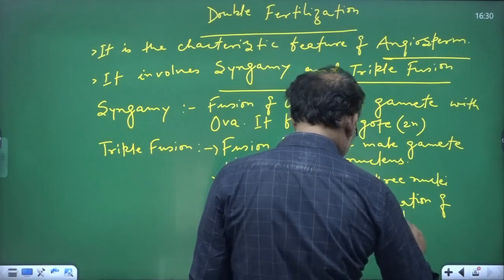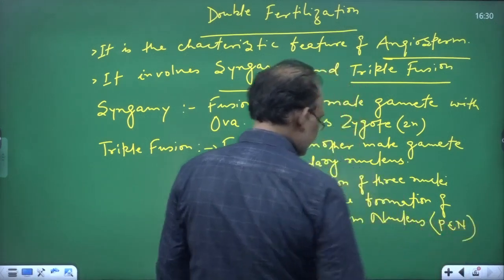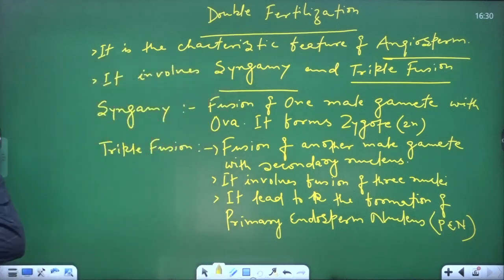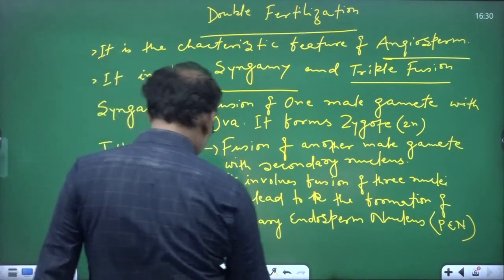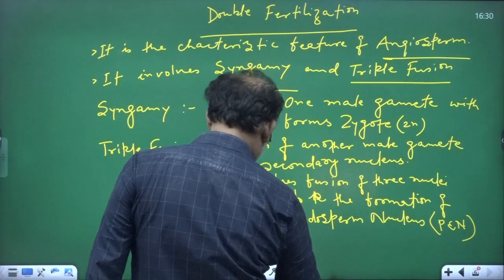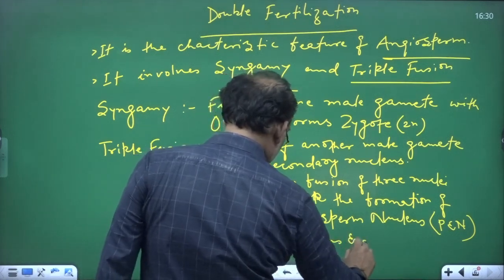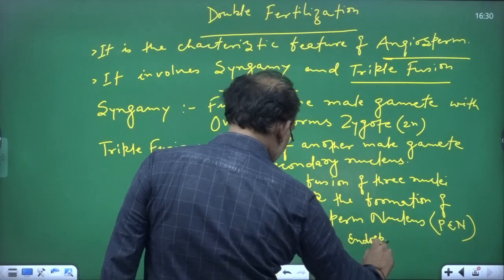This is called PEN, primary endosperm nucleus, which later forms endosperm.